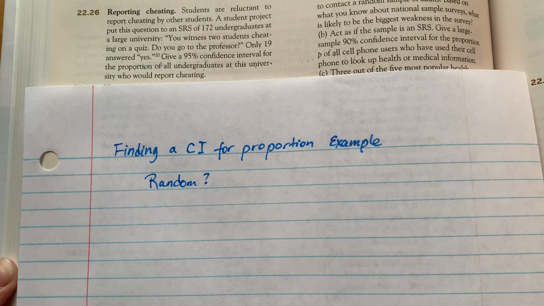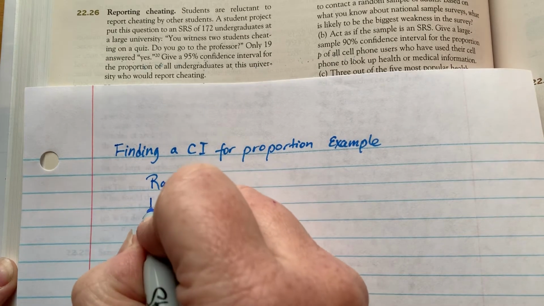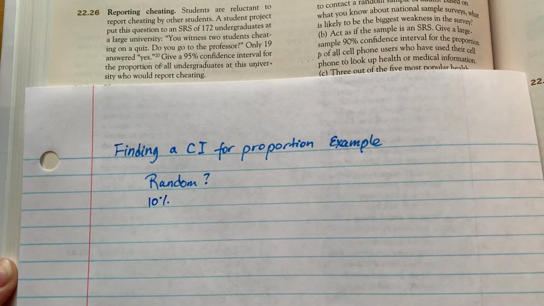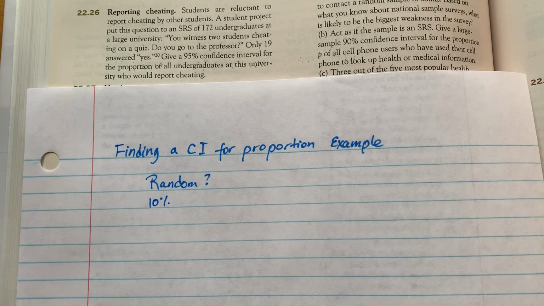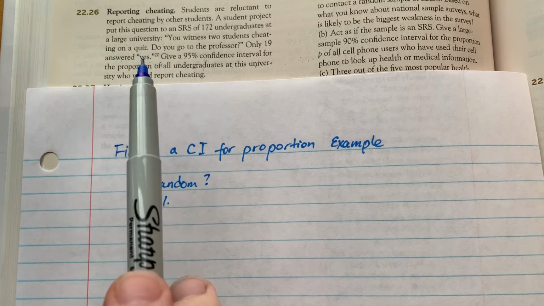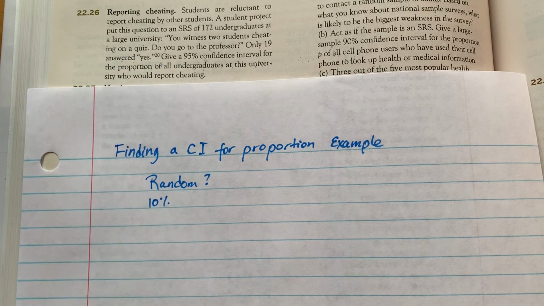Another important thing is the 10% condition: if I am sampling without replacement, I am not exceeding 10%. This is where it's important that they tell us this is a large university. If it's a large university, then when I'm taking 172 students, I am not exceeding 10%.